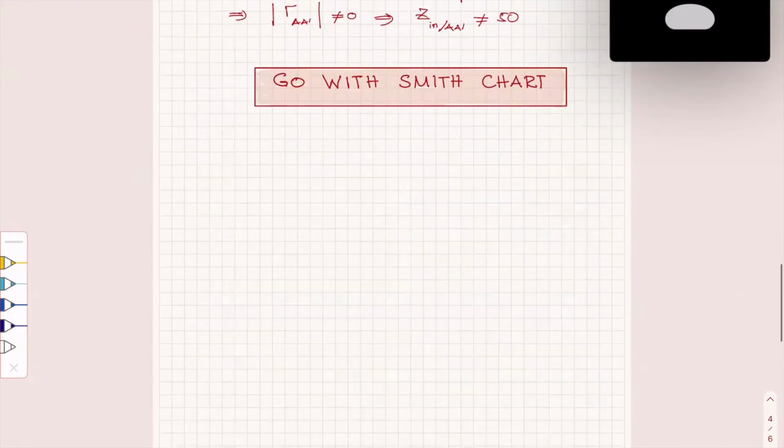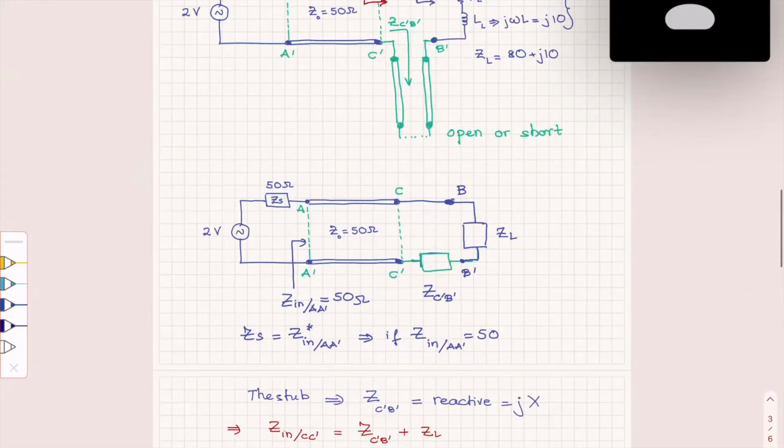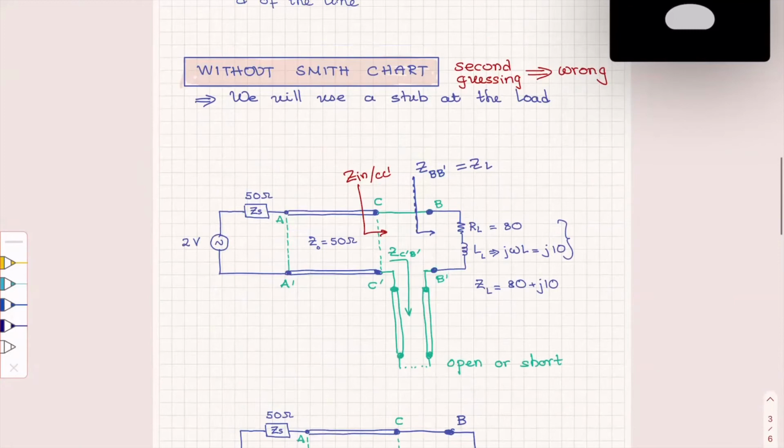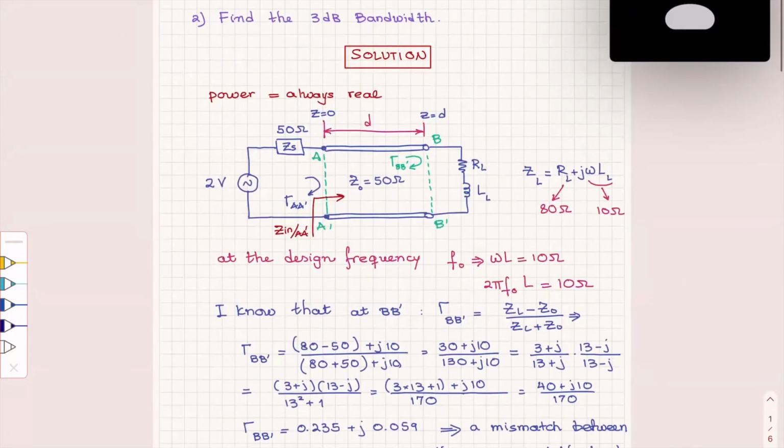All right, what do we do to go to the Smith chart? Let's bring the original problem back. This is our original problem. We'll bring it back so we have it next to us to see it.